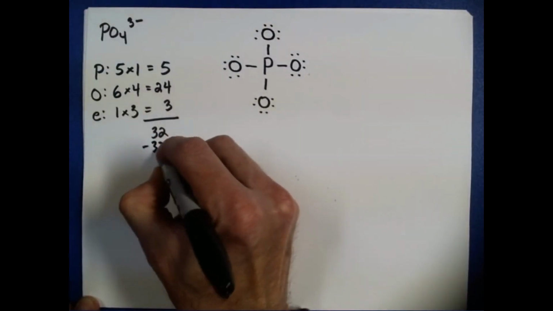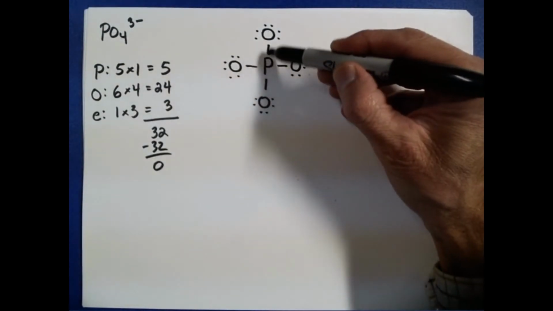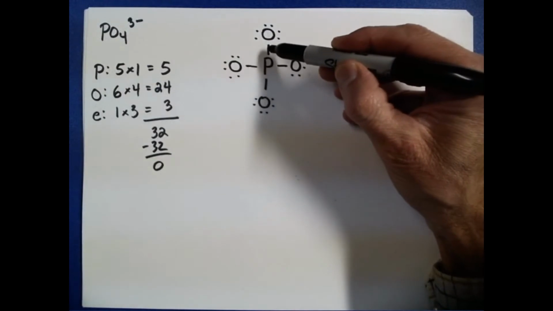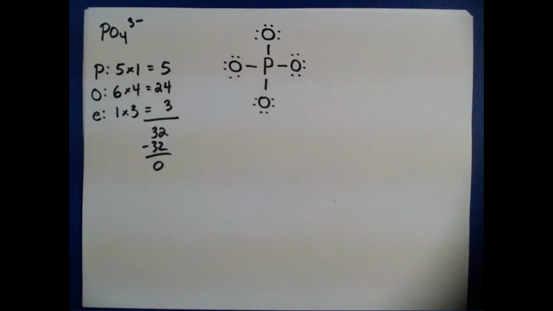That's 32. We've used them all up, and all atoms are satisfied. You'll notice we have a phosphorus with 4 single bonds, so that's 2, 4, 6, 8 for the phosphorus, and all oxygens have 8 valence electrons.